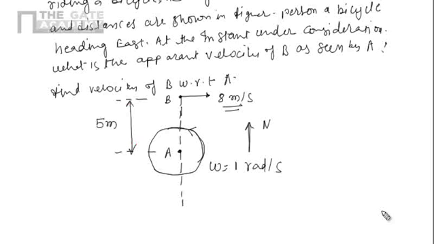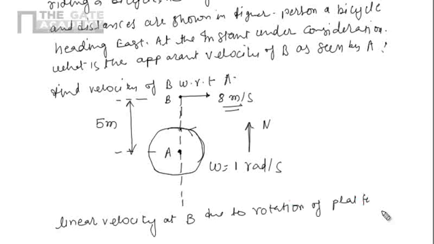Now we are interested in the velocity of B with respect to A. The angular velocity is given, so we are interested in the linear velocity at B due to rotation of the platform, which is this velocity.